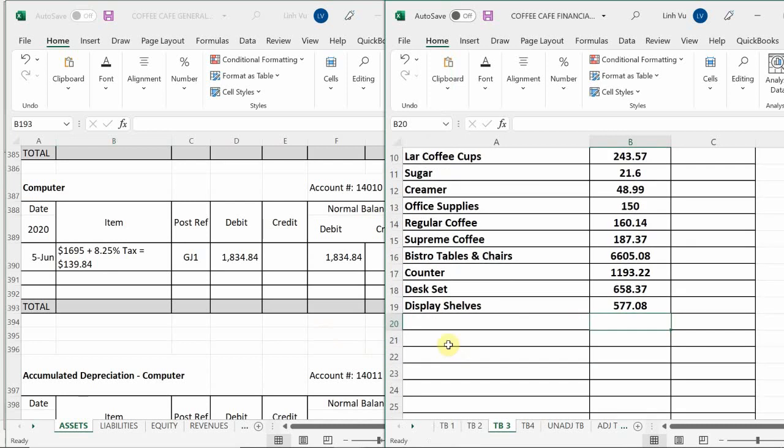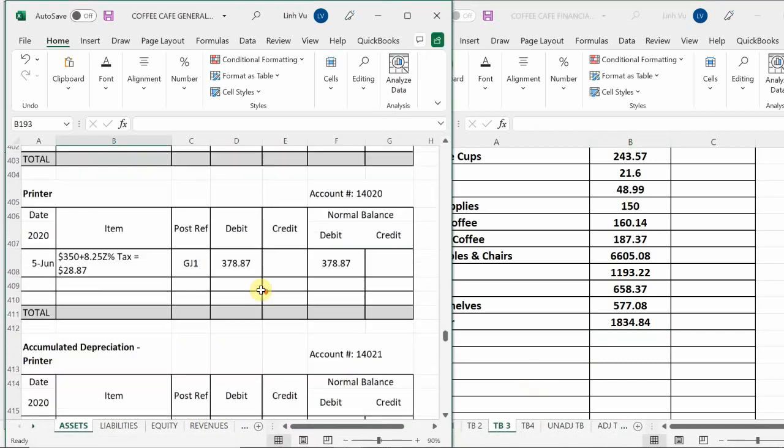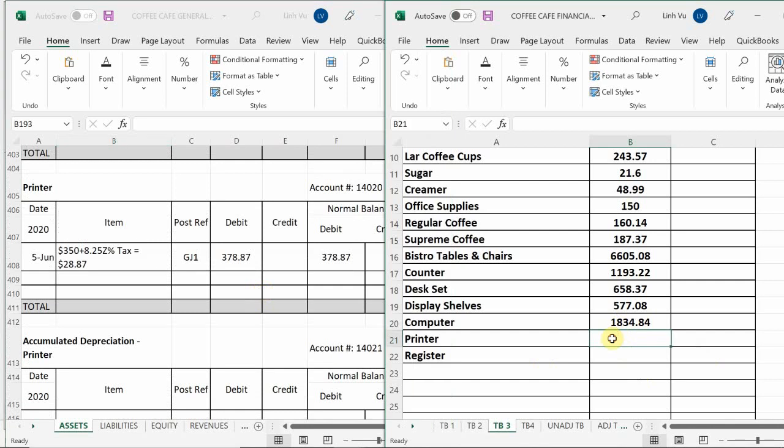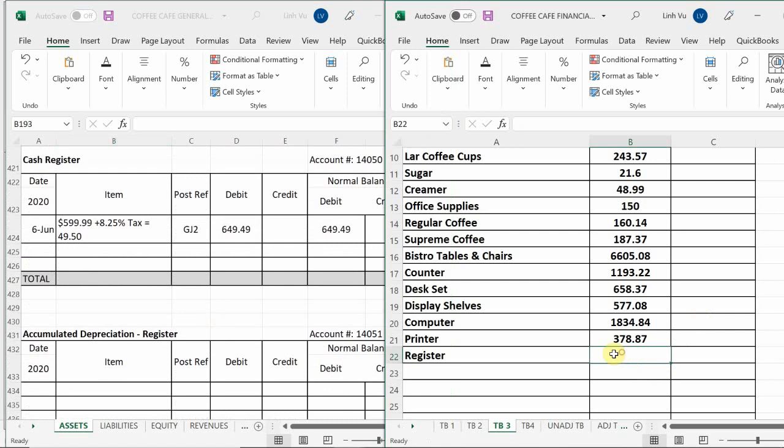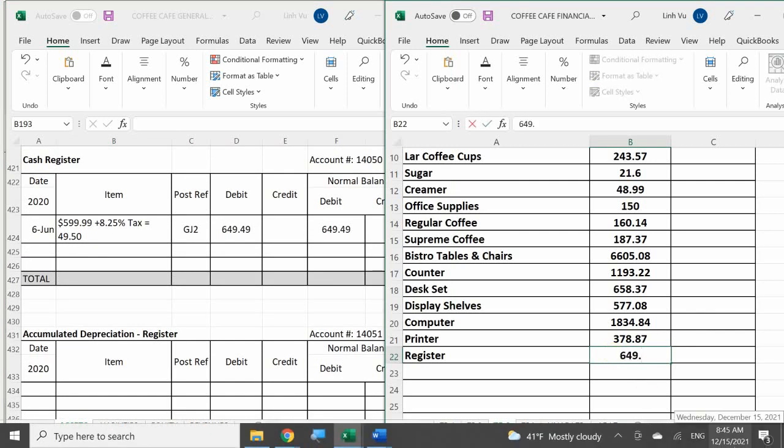Computer, 1,834.84. My printer, 378.87. My cash register, 649.49.